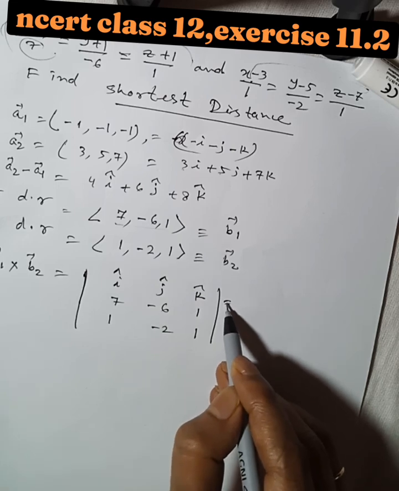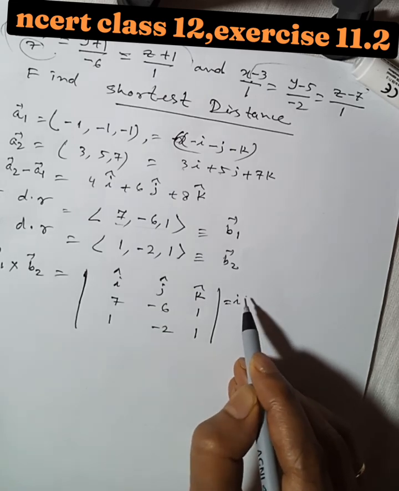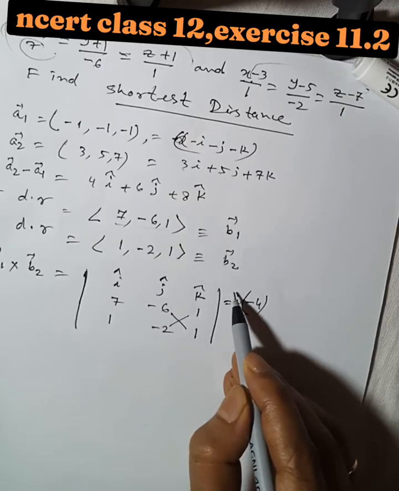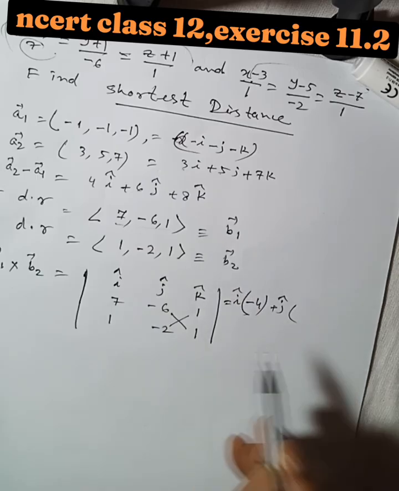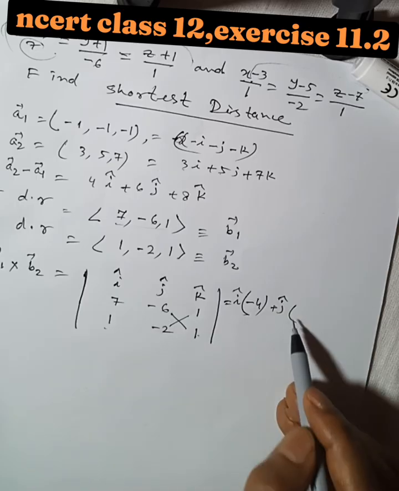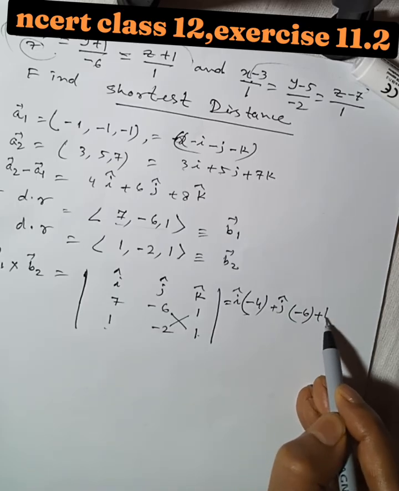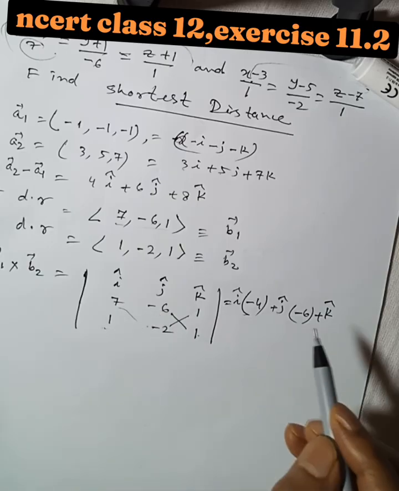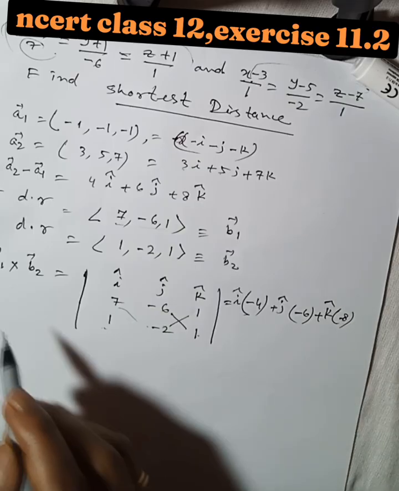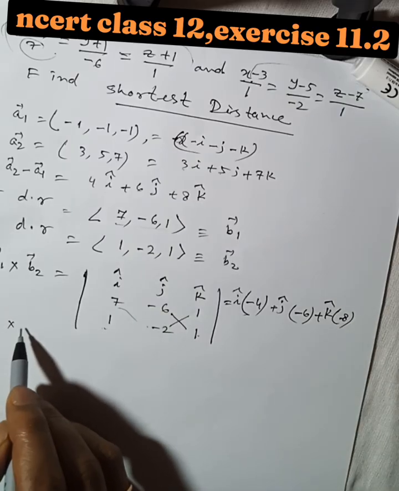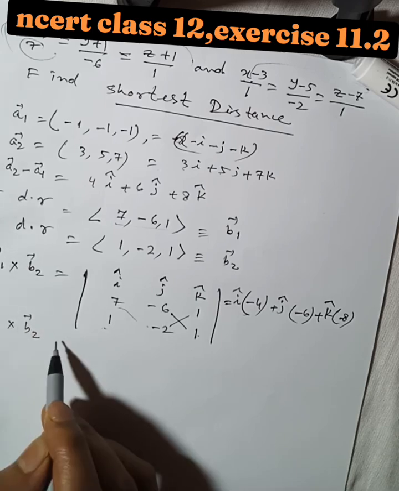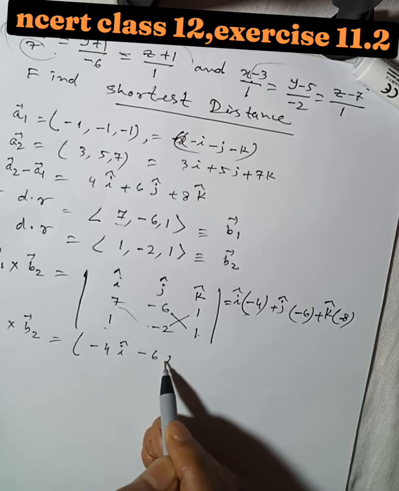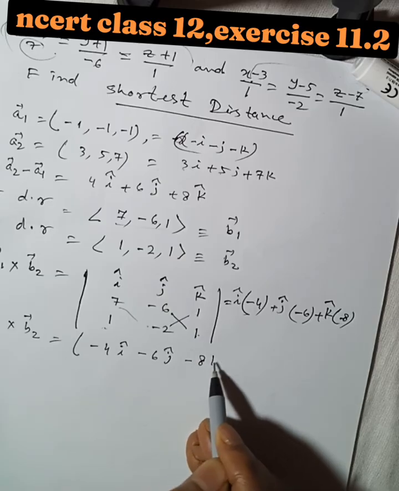This equals i times (minus 6 plus 2), which is minus 4, plus j times (1 minus 7), which is minus 6, plus k times (minus 14 plus 6), which is minus 8. So the cross product b1 cross b2 will be minus 4i minus 6j minus 8k.